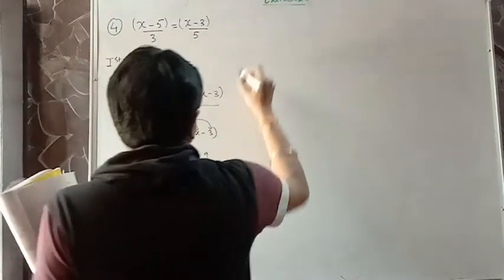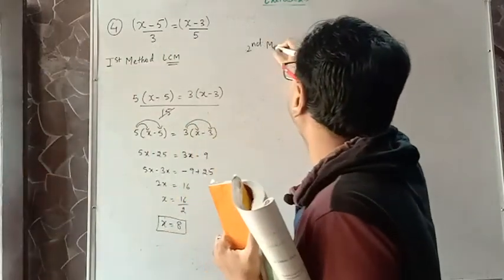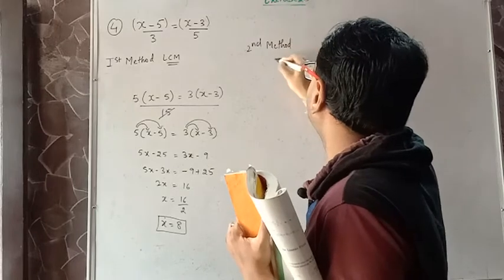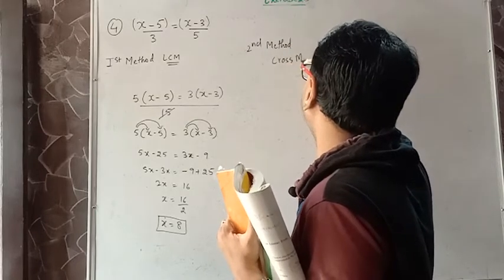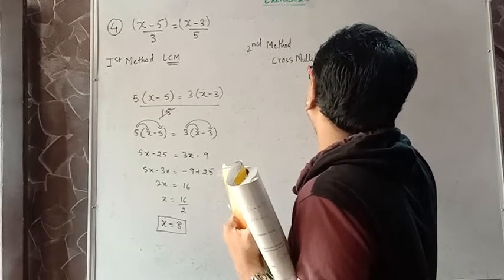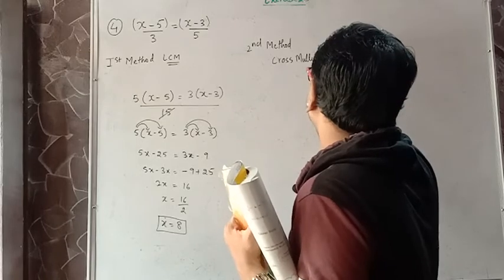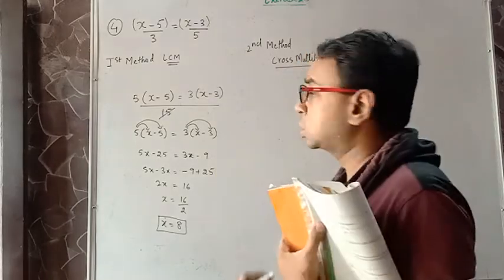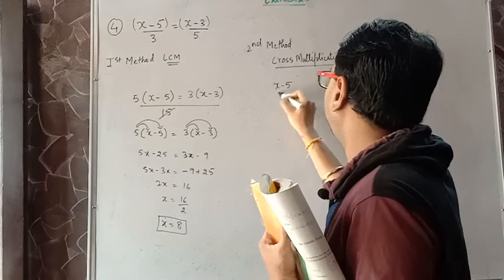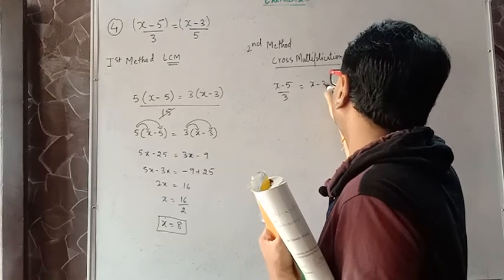Simple. Second method, that is cross multiplication method. Any method you can follow for this question. That's not a problem. Cross multiplication method. (x minus 5)/3 equals (x minus 3)/5.